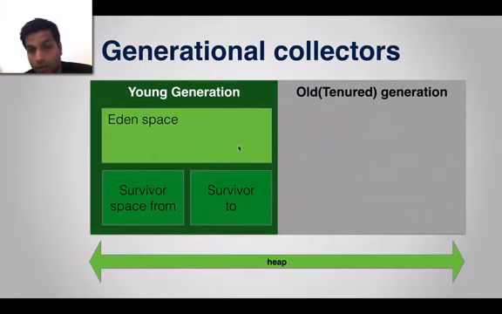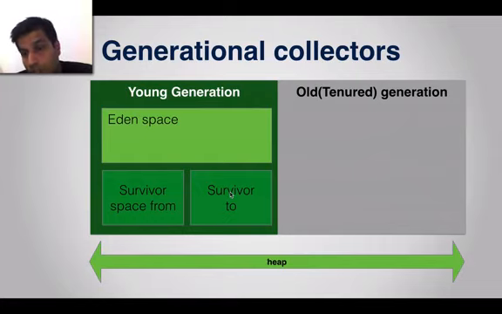All reachable objects it moves to the survivor space, indicating they survived a garbage collection. Then Eden becomes free, and again you can happily allocate new objects there. There are other purposes for why there are two survivor spaces, which we will soon see. So that is the division of the young generation into three spaces.